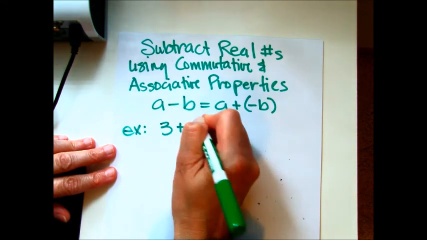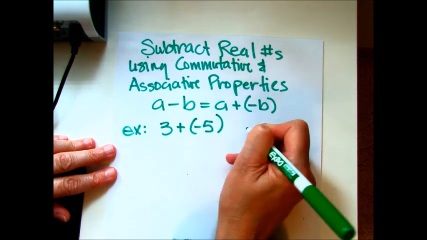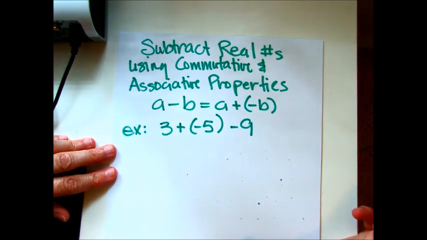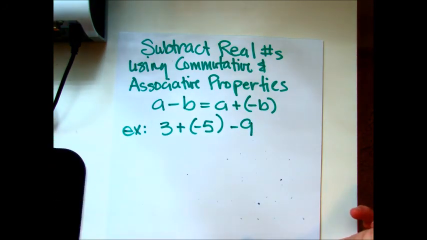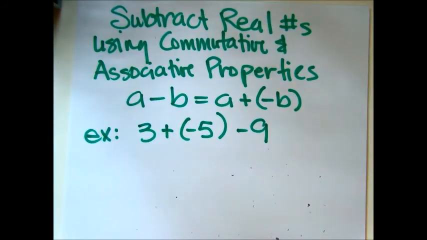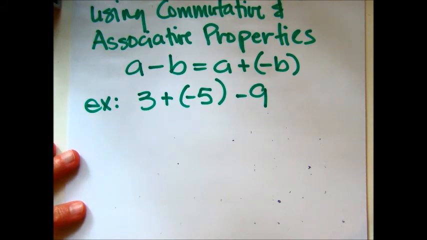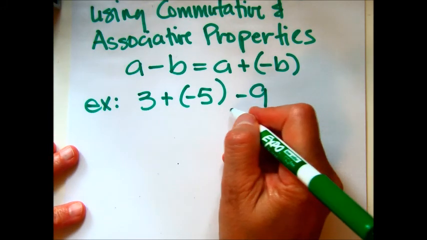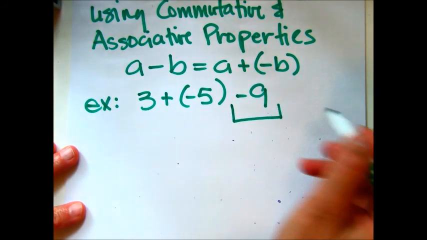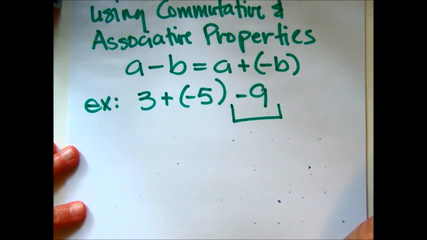3 plus negative 5 minus 9. Okay. Now, before we move things around, let's change this minus 9 to an addition.